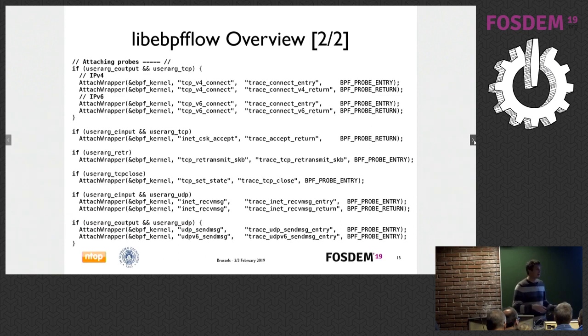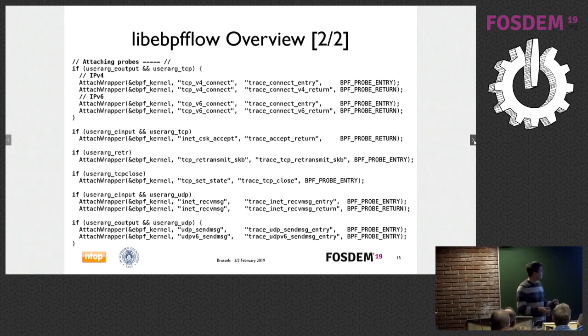For example, we can track when a socket is closed and analyze how many bytes have been received or sent through that socket. Another thing that we can capture is the retransmissions, the events regarding the retransmissions, and this is it.